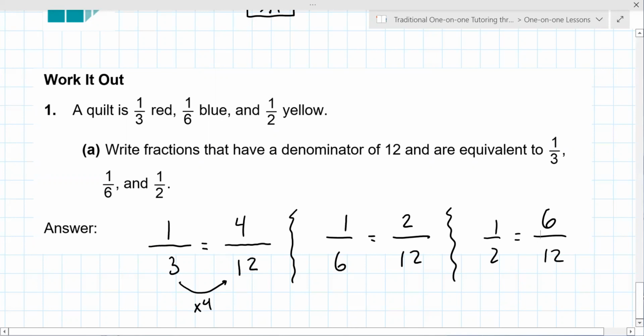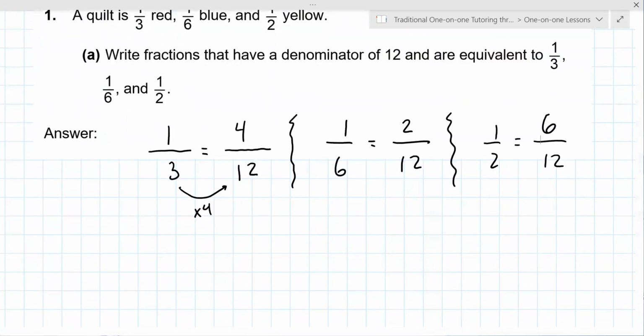Very good. All right. Now we're going to do the same thing, but for a different denominator. Okay, so let's take a look at this one here. Let me snip that in one more time.